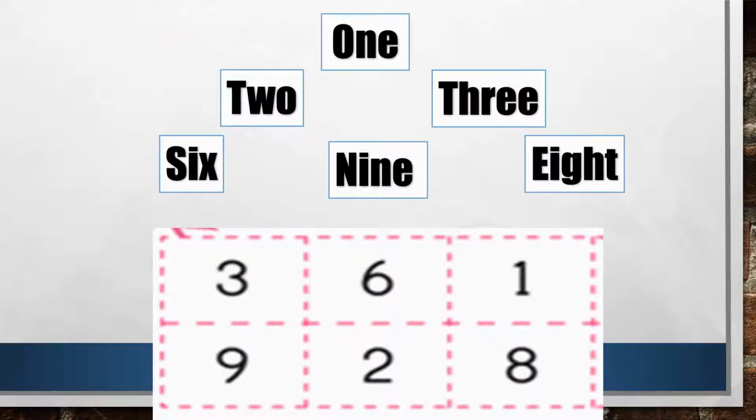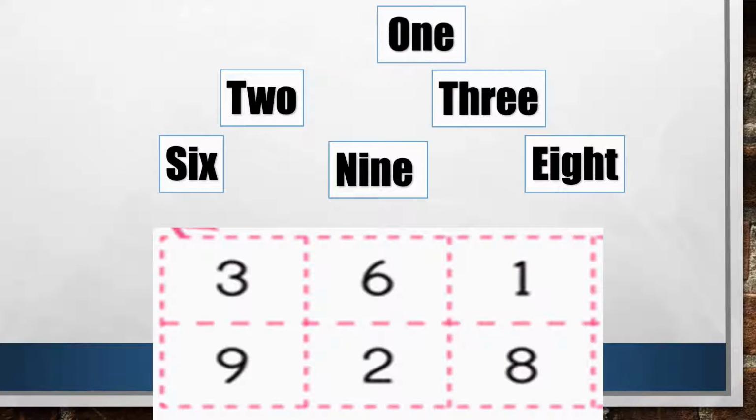Here are number names as well as digits written on the screen. We will arrange the number names in the blocks of digits. First, ONE 1 goes to a block of 1 digit.